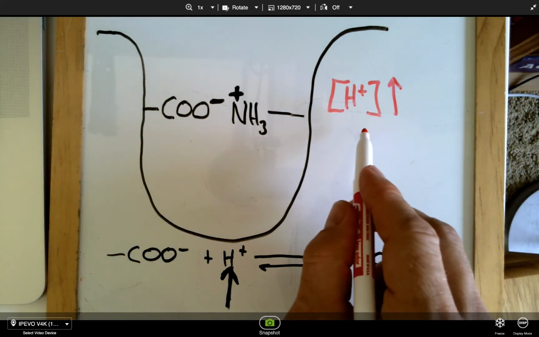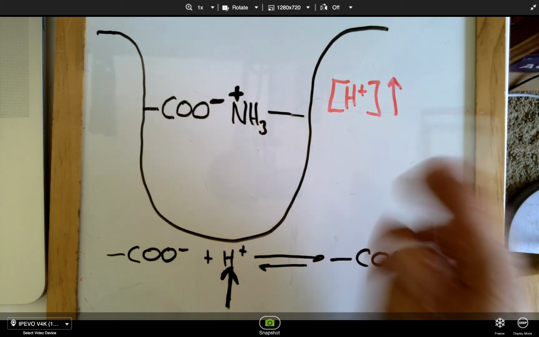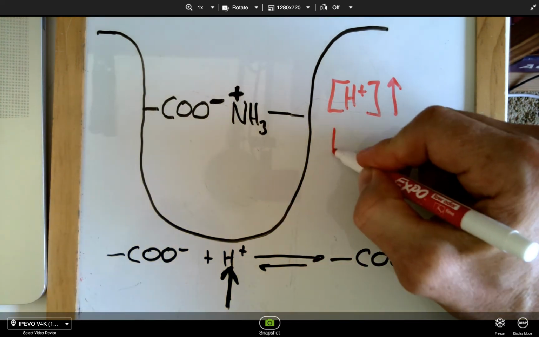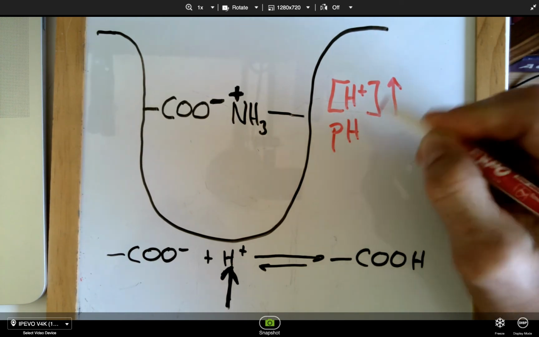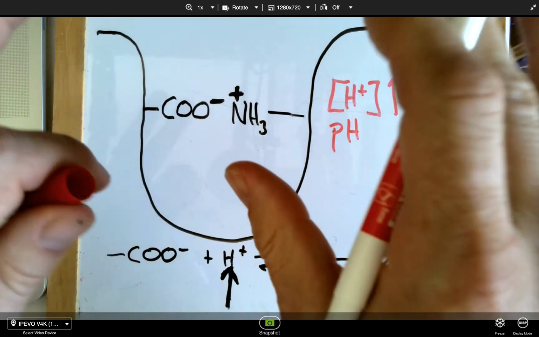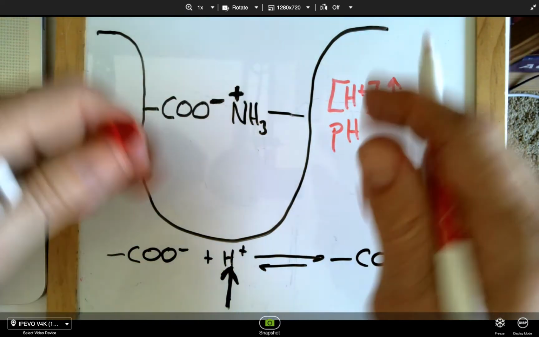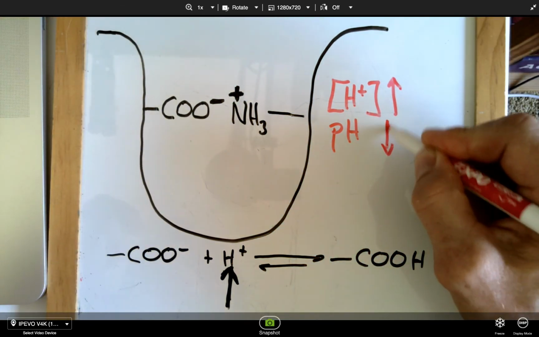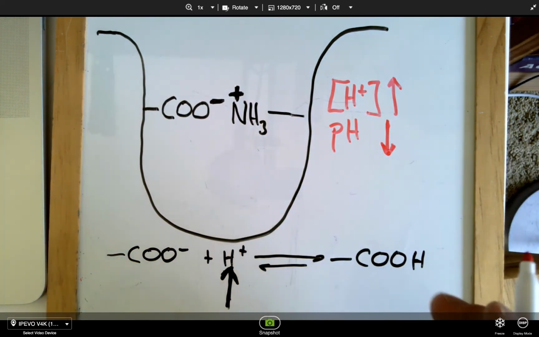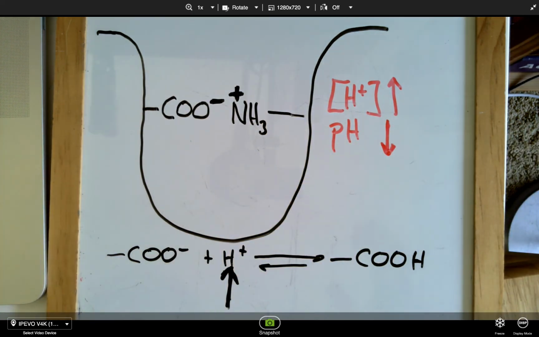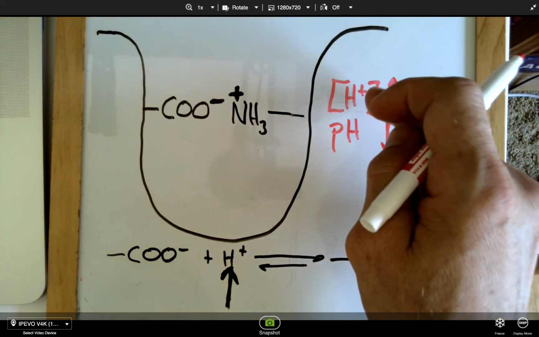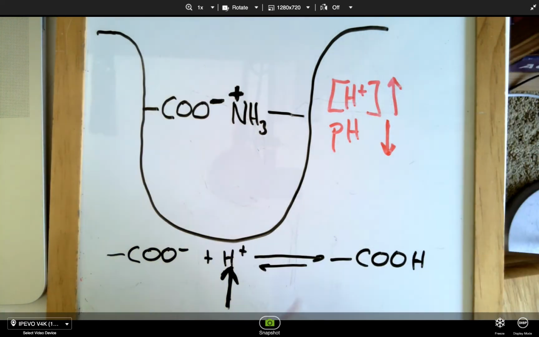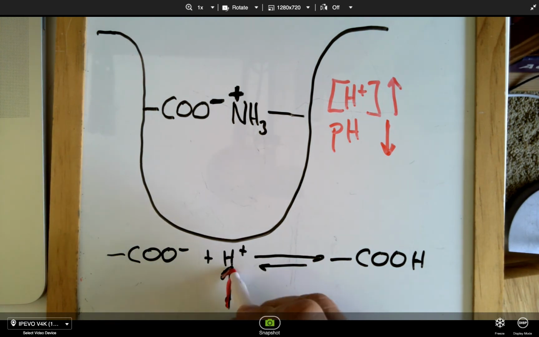What's another way of saying the concentration of protons? The pH. In other words, what we're going to do to this solution that this protein is dissolved in is increase its hydrogen ion concentration, which means we are going to decrease its pH. We want to see what effect that has on this protein. If we are increasing the hydrogen ion concentration, if we're decreasing the pH, what that means is we're adding more and more and more of these.